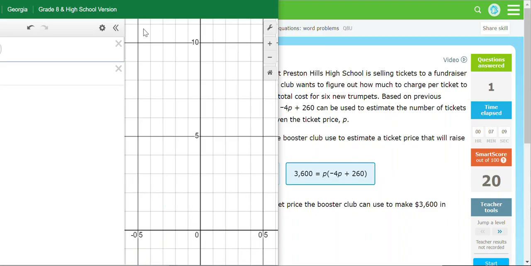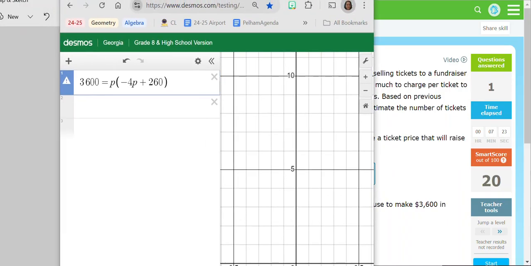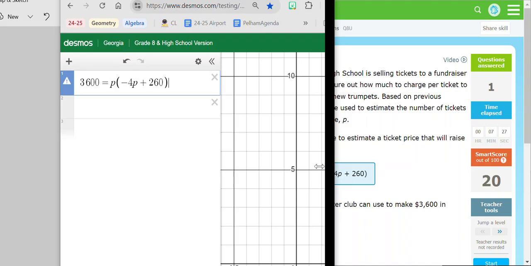Notice how I'm getting rid of the H of T because it starts with 3,600, no commas, equals P minus 4P plus 260. Uh-oh, Desmos doesn't like it. What is going on? I typed it wrong. What part did I type wrong?